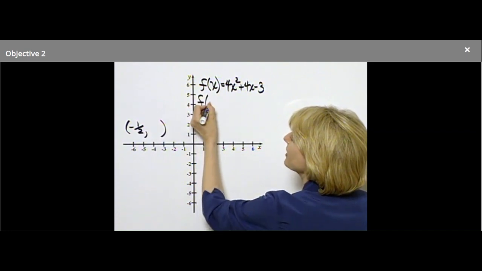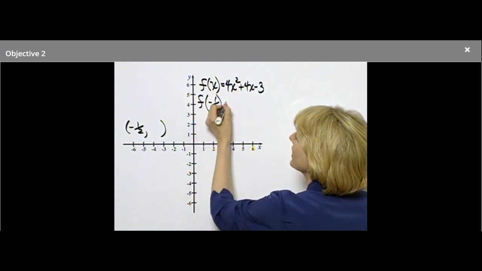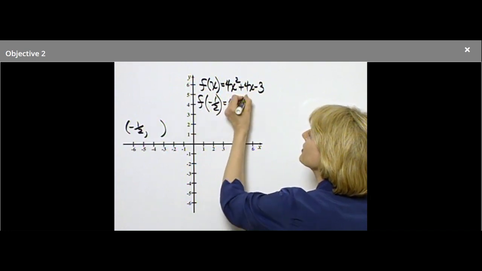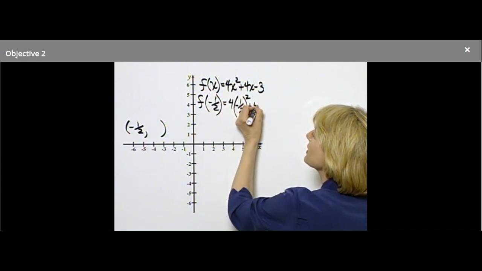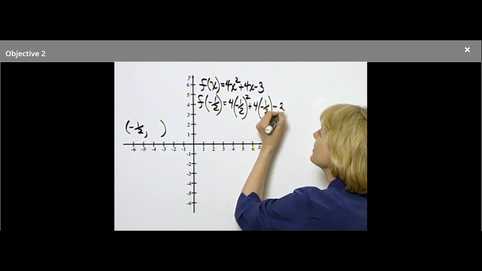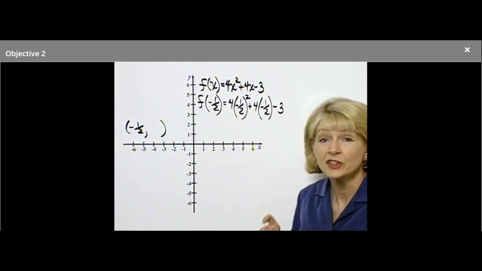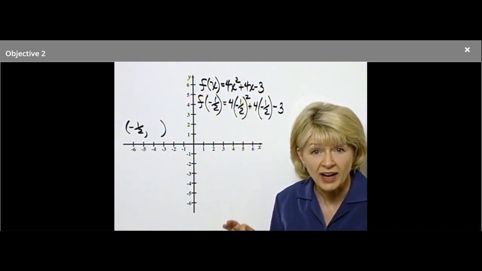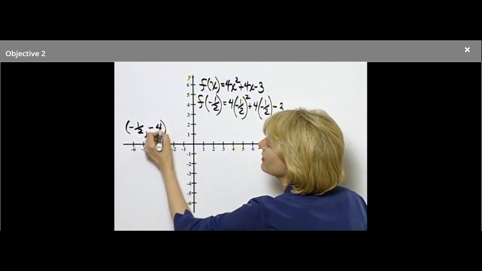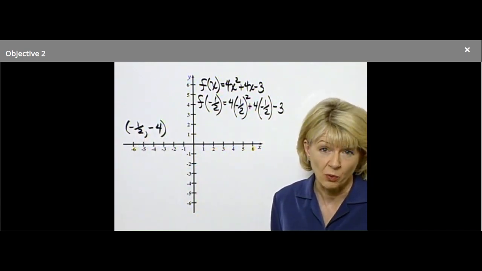So we would find f of negative 1/2, and that's 4 times negative 1/2 squared plus 4 times negative 1/2 minus 3. Now I'll let you go ahead and simplify that right side. If you do simplify it, you will have a value of negative 4.